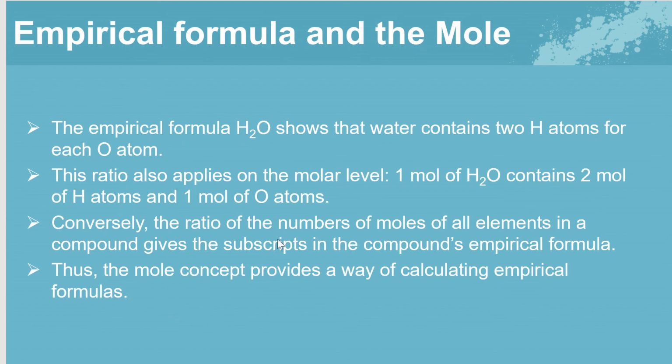Conversely, the ratio of the numbers of moles of all elements in a compound gives the subscripts in the compound's empirical formula. Thus, the mole concept provides a way of calculating empirical formulas. Let's try to make that a little bit clearer.